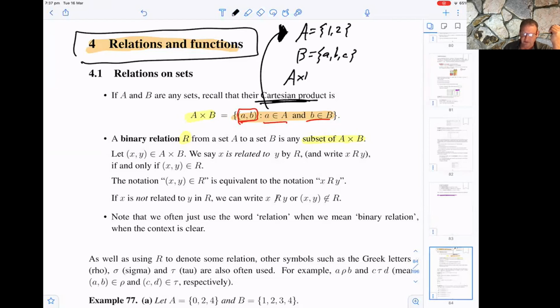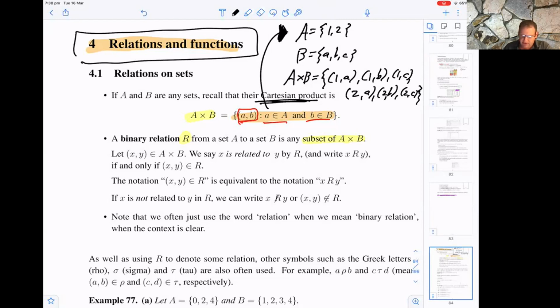So A cross B is the set of tuples (1,a), (1,b), (1,c), (2,a), (2,b), (2,c). That's what we have. Old friend, Cartesian product.